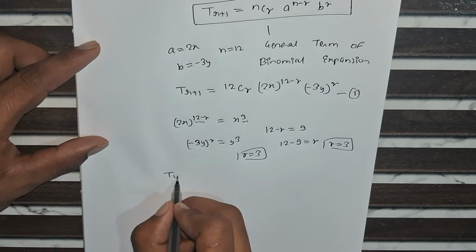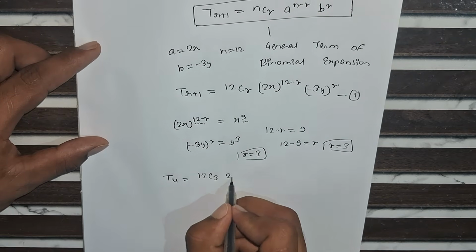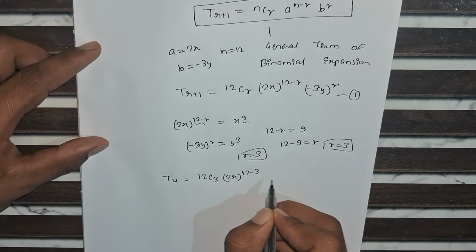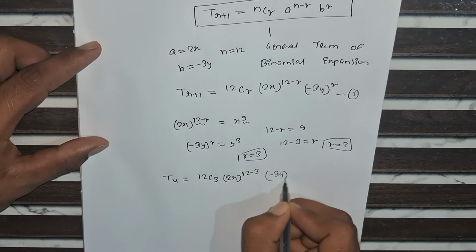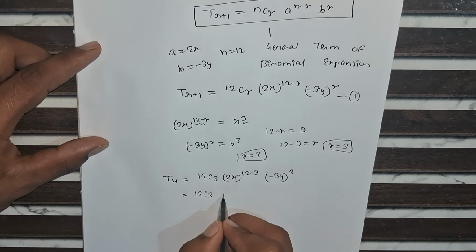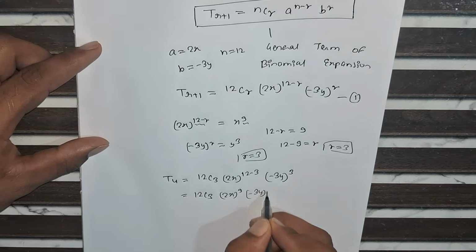So we have to find the fourth term, which equals 12c3 and (2x) to the power 12 minus 3, and (minus 3y) to the power 3. So this is 12c3 and (2x) to the power 9 and (minus 3y) to the power 3.